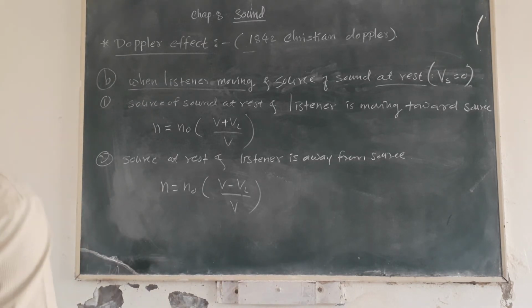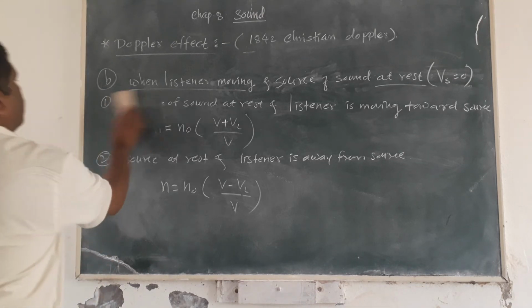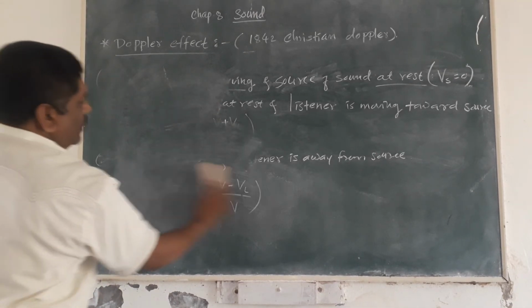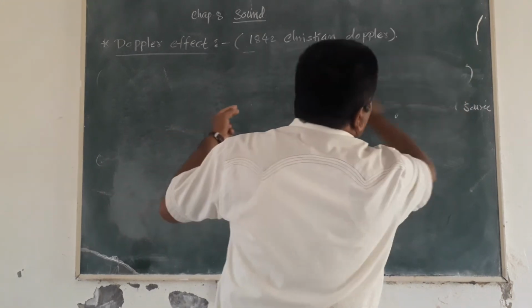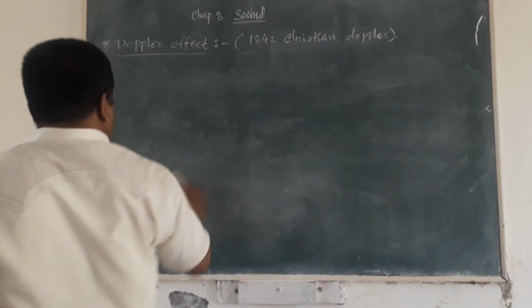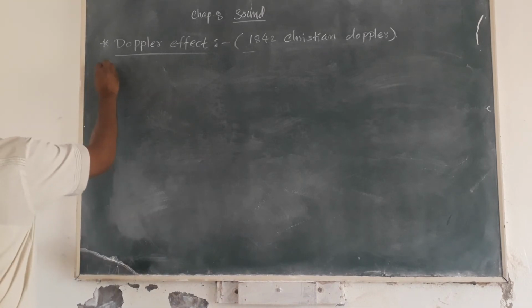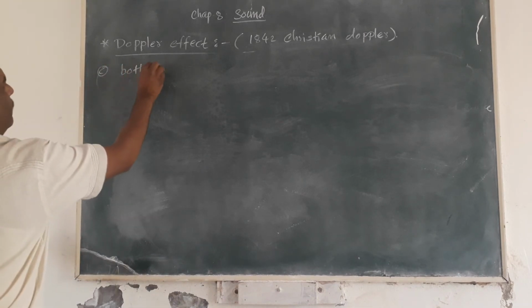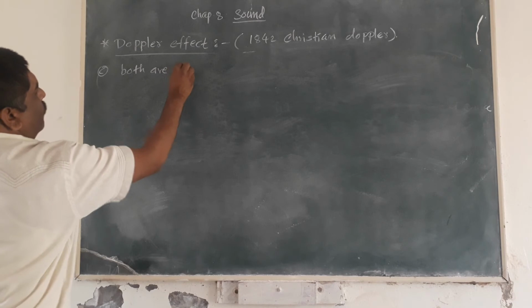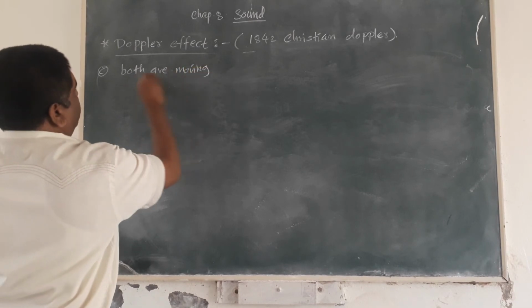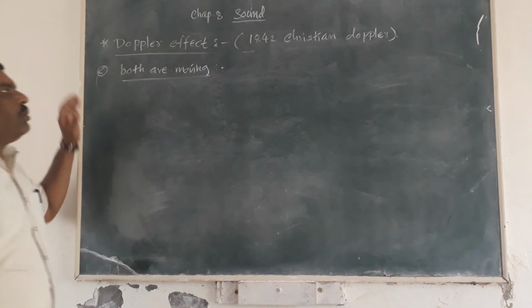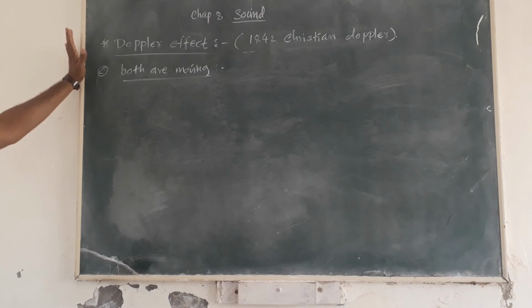Now discuss the third condition and last condition, that is both listener and observer is moving. Third condition, C, both are moving. That is, source of sound and listener both are moving.